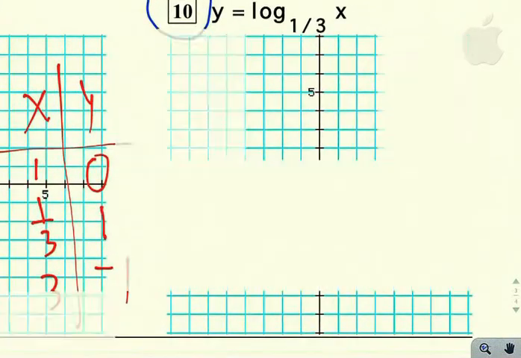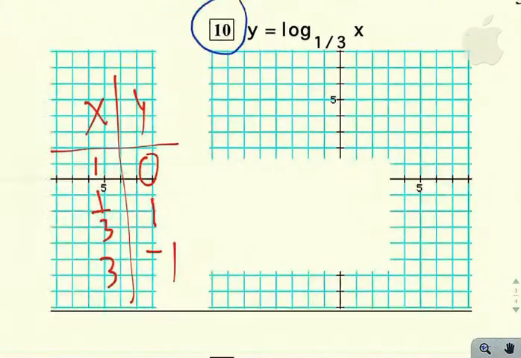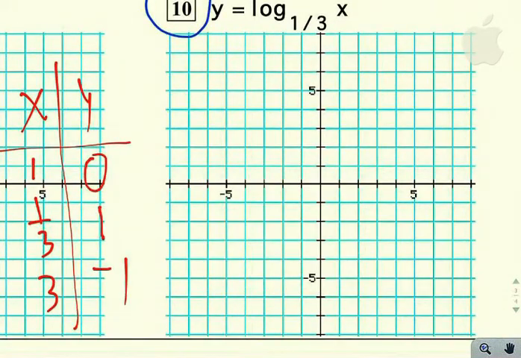So 1, 0. 1/3, 1. And 3, negative 1. And the vertical asymptote is x equals 0.